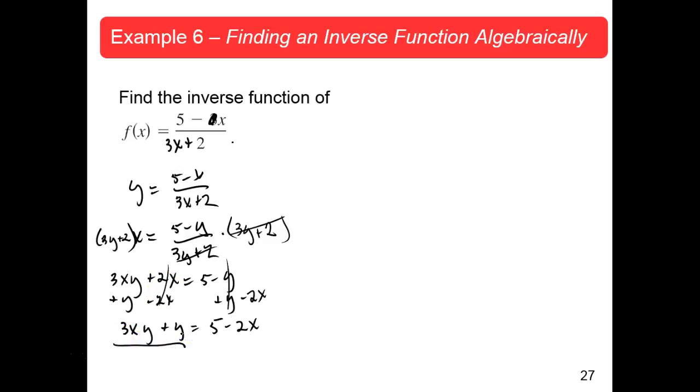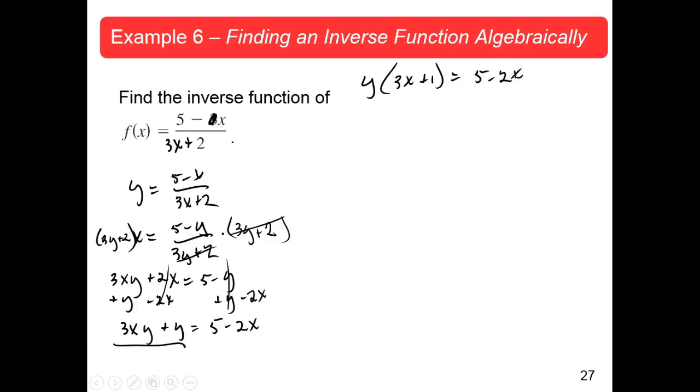Common factor here. Y. So factor it out, and what do you have left? 3x, plus 1, very good, is equal to 5 minus 2x.